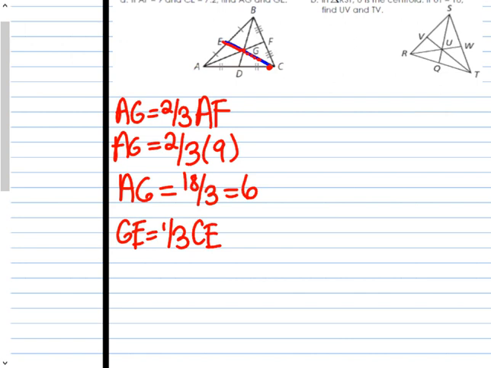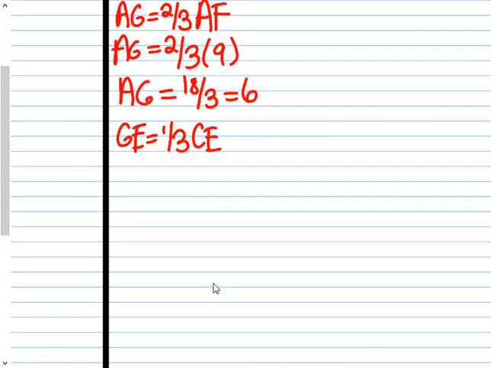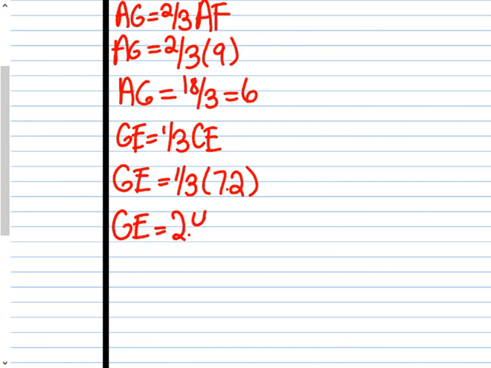So CE was 7.2. So I need 1/3 of 7.2. GE is 1/3 of 7.2. And if you have a calculator, it's 1 times 7.2 and then 7.2 divided by 3. GE is 2.4. So you're either dealing with 1/3 or you're dealing with 2/3.